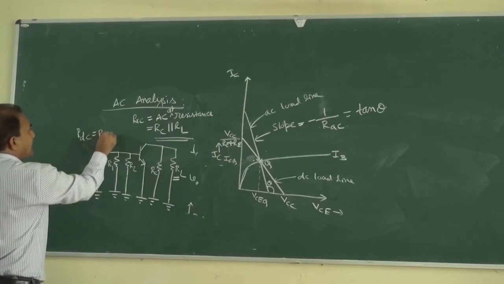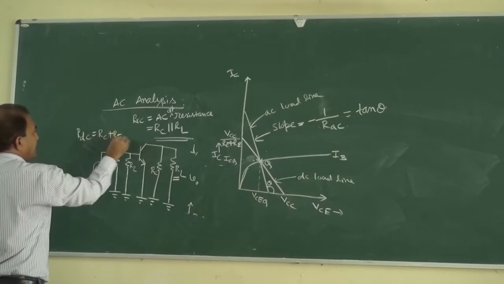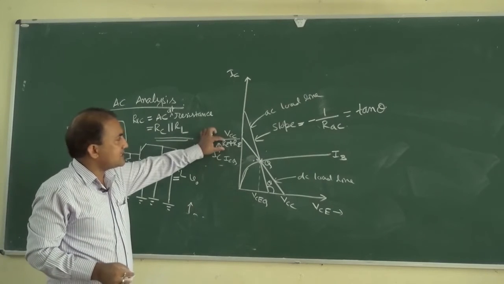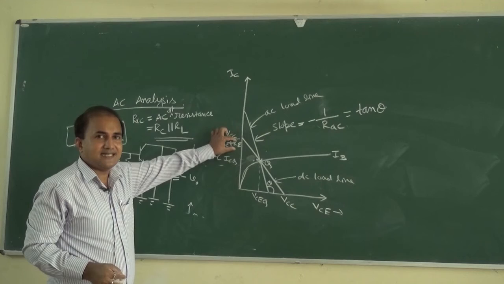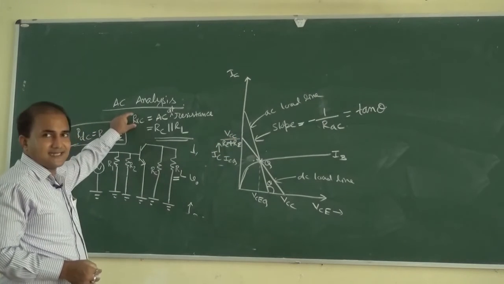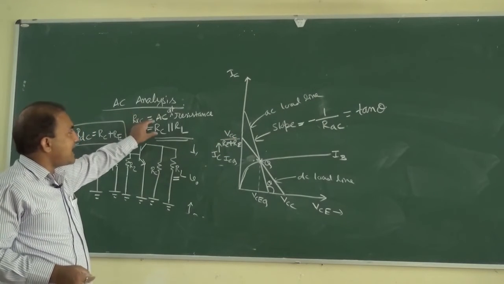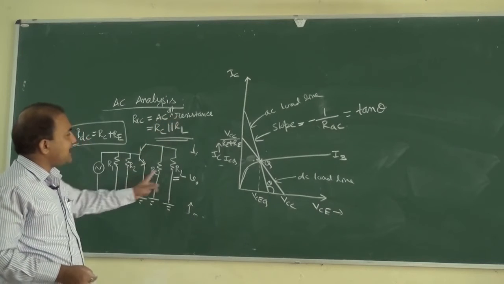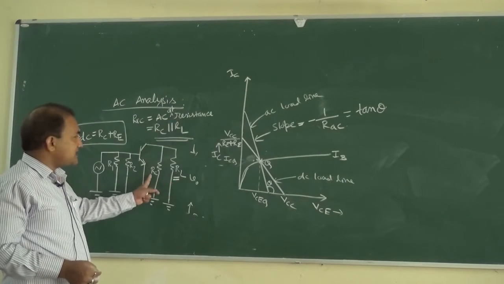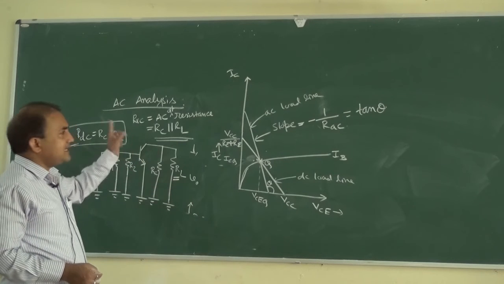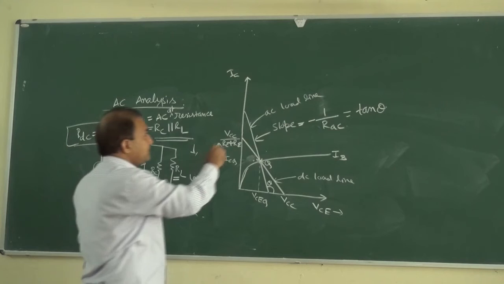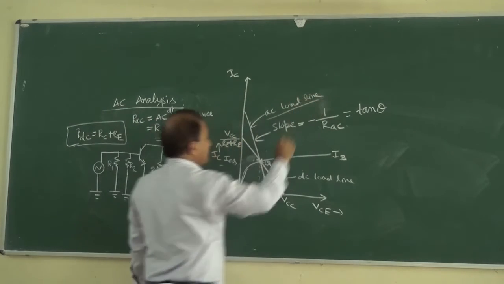It is equal to RC plus RE. RC plus RE is the DC resistance. AC resistance is RC in parallel with RL, where this is RC and this is RL. So in this way we can determine the AC load line.